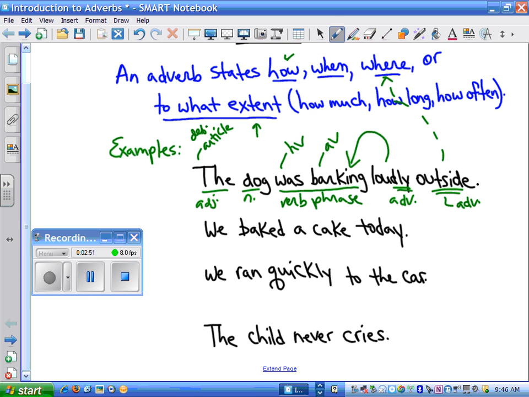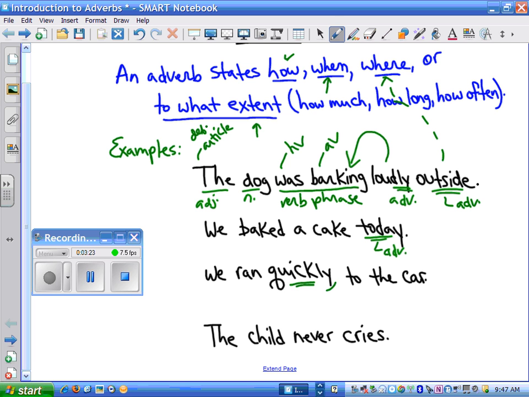In our next sentence, we baked a cake today. And today is our adverb. It's telling us, right, when. So if we're thinking about adverbs as words that often, but not always, end in ly, this should help you to quickly identify the adverb in our next sentence, which of course is quickly.